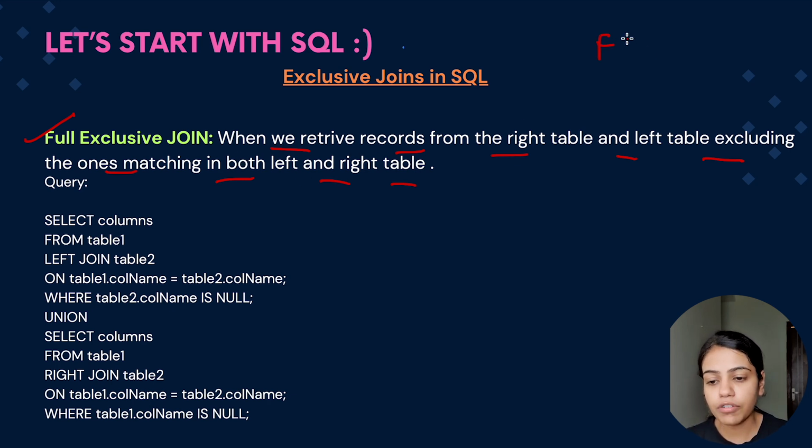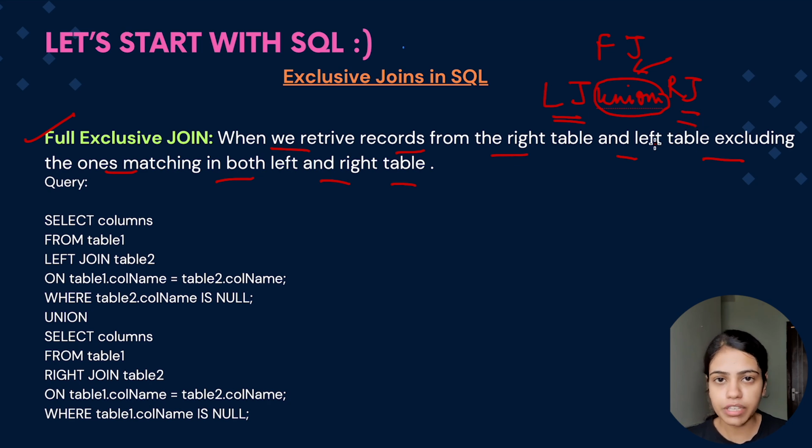Now in full outer join, what we used to do is combine the left join and the right join query using a union. Why do we use union? Because in MySQL there is no full outer join or full join. So we use union to combine the details of the left join and the right join, which gives me a full outer join. This union also makes sure that the matched rows between the left table and the right table don't occur twice.